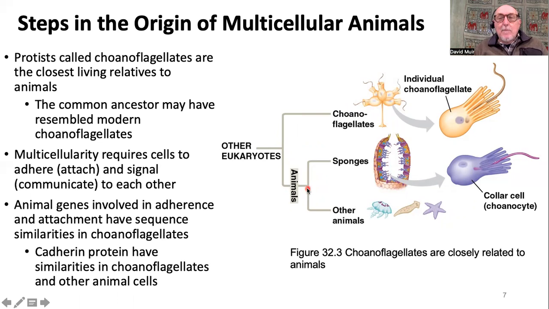And our very simplest animal group are the sponges. And in the sponges, we see whole tissues made up of these choanoflagellate-like cells, which we call choanocytes. So we regard the sponges as being a basal group in the animals. So these are not animals. These, in the old days, would have been considered protists.